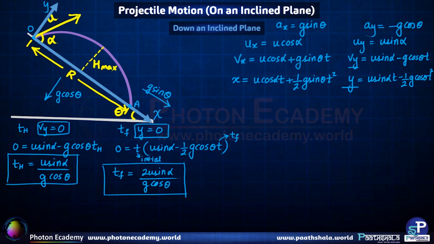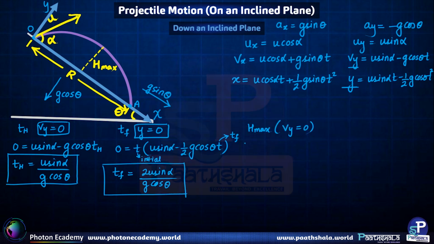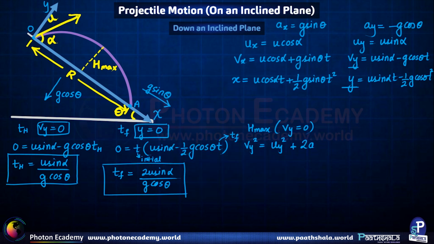Alright, so in order to find the maximum height h max, we again use the same logic. Vy is equal to 0 at maximum height. We again use the same equation. Vy square is equal to uy square, now in this case minus 2 ay y. So this is acceleration in the y direction.